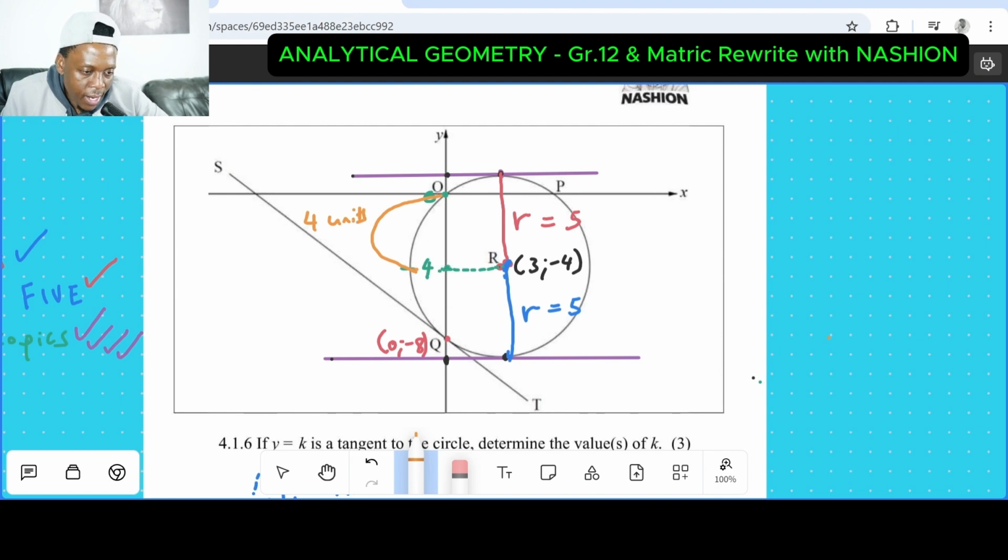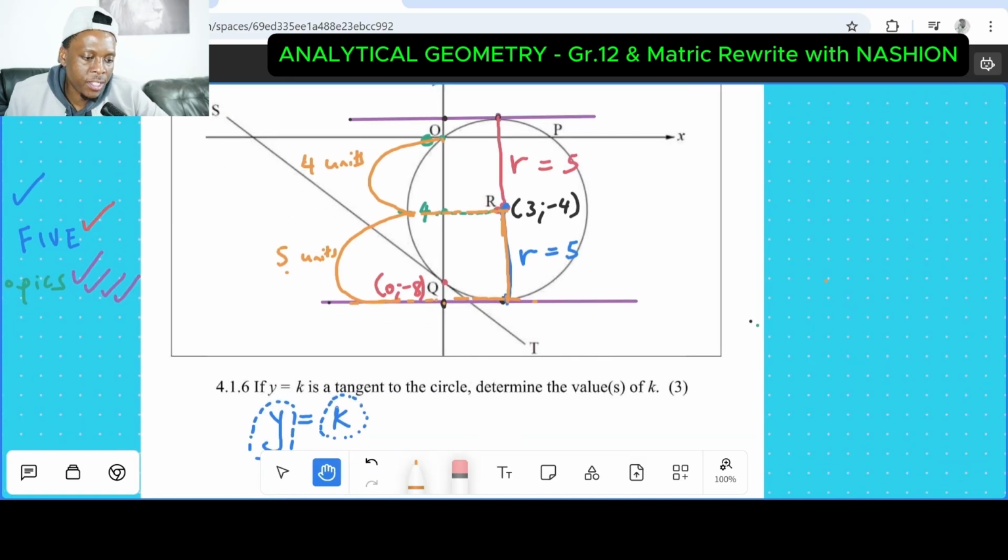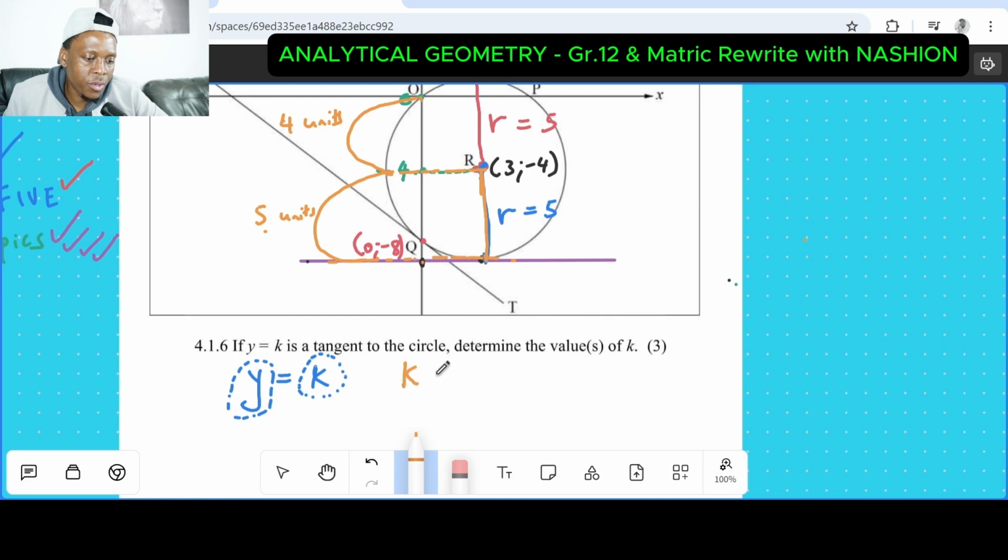And this part all the way to our tangent, that's the radius, which is 5 units. So from 0 to the tangent right here, that's 4 plus 5, which is how much? 9 units. So the first k value, we are saying 4 units plus 5 units.